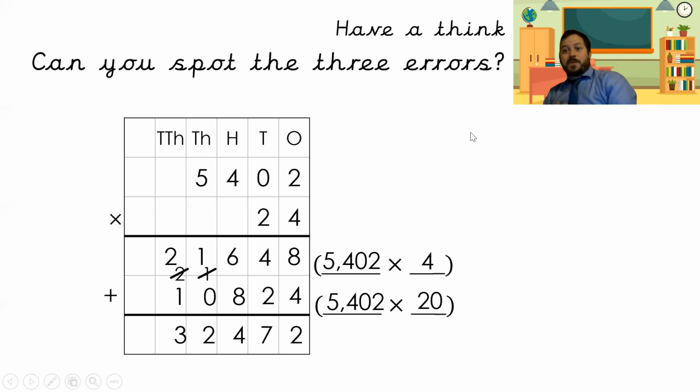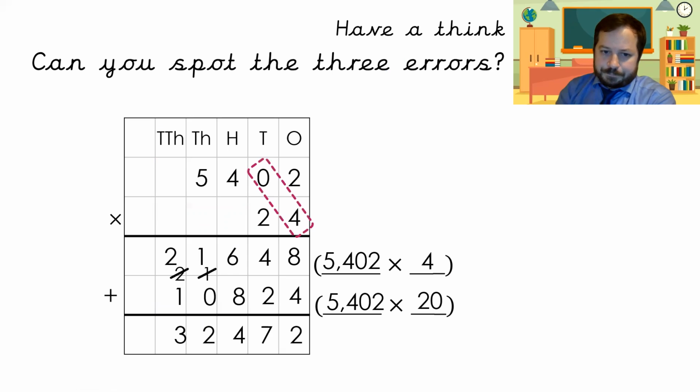Okay, so our errors. Hopefully you spotted some. There are some which are more in depth. The first one is that 4 times 0, which would be this number here, is 0. It's not 4. 4 times 1 is 4. 4 times 0 is 0.